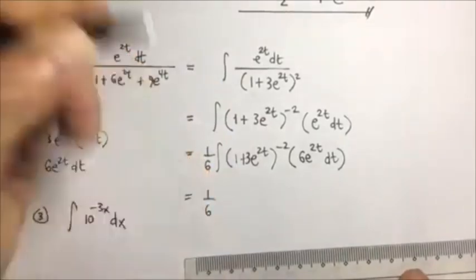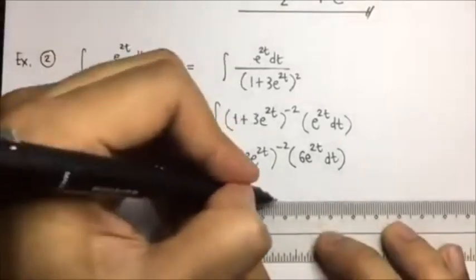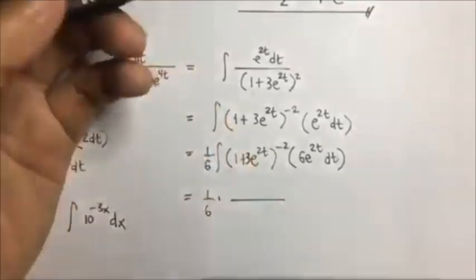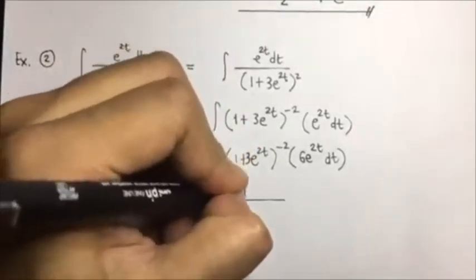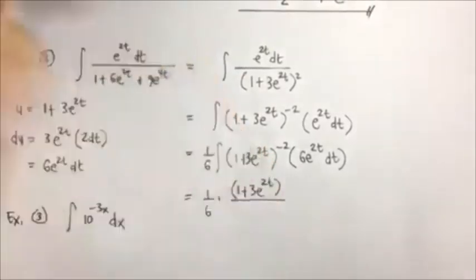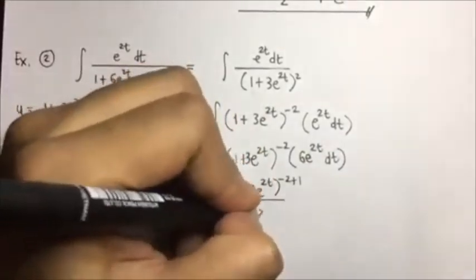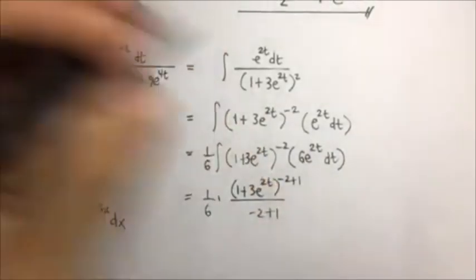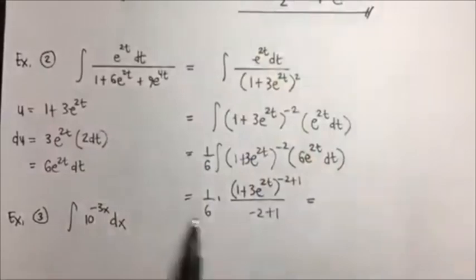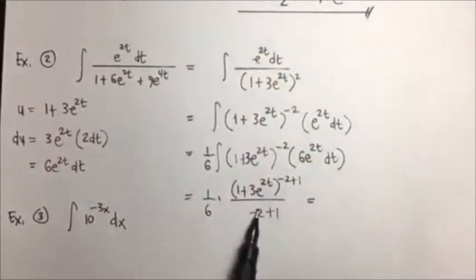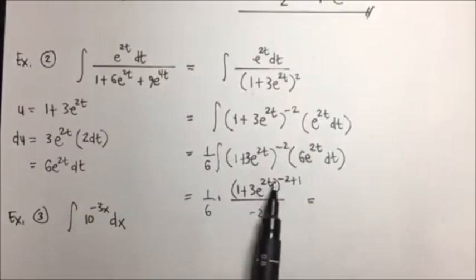Copying 1 over 6 times u raised to n plus 1 over n plus 1, we have 1 plus 3e to the power of 2t raised to negative 2 plus 1, over negative 2 plus 1. Simplifying that, it becomes negative 1 over 6, and then 1 plus 3e to the 2t raised to negative 1.